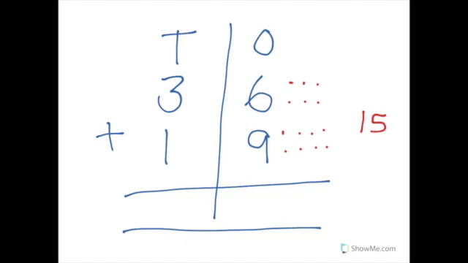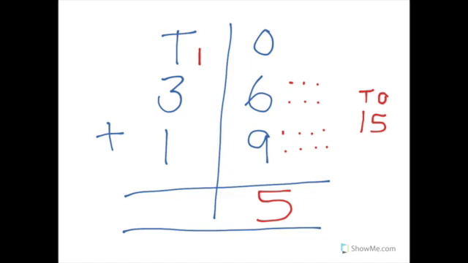So there's my 15. I know that the 5 is a 1 and the 1 is a 10. So I'm going to put the 5 in the ones column. And I know that the 10 goes in the attic because he's waiting for a room. Then I add up my 10s together.